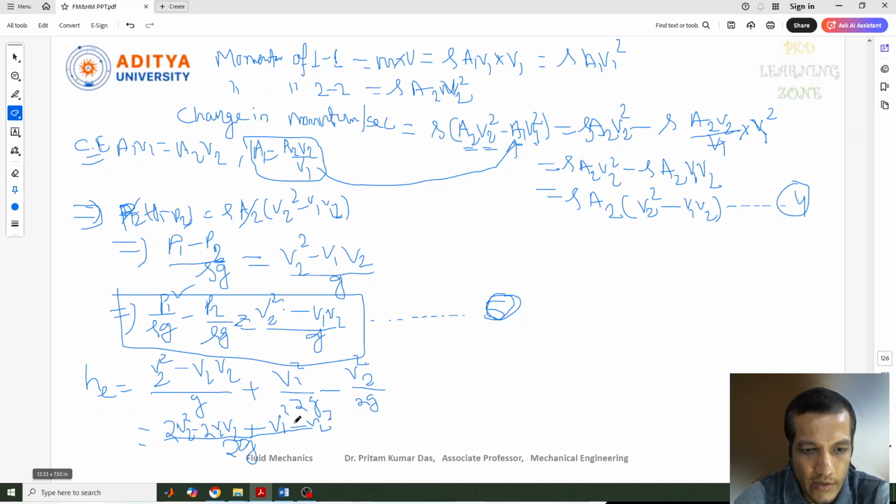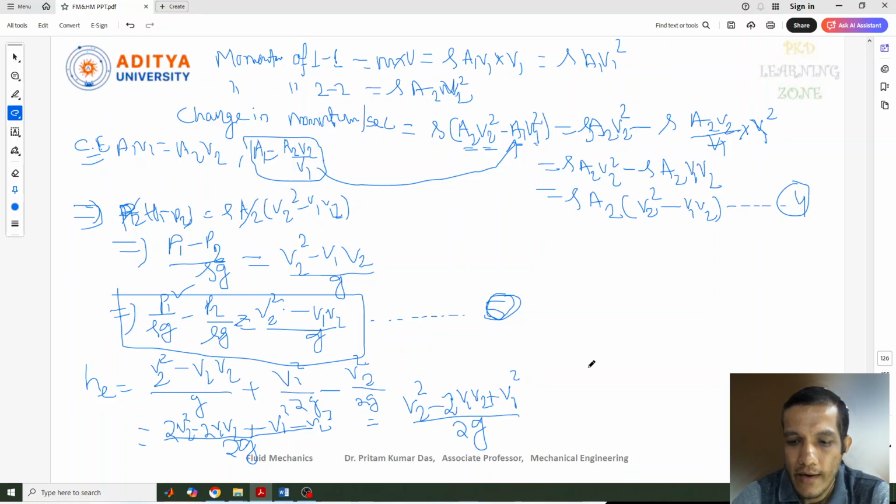Now if you see, this term is 2V2 square minus V2 square. So I can write V2 square minus 2V1 V2 plus V1 square divided by 2g. If you consider A square plus B square minus 2AB, we can write it as (A minus B) whole square.